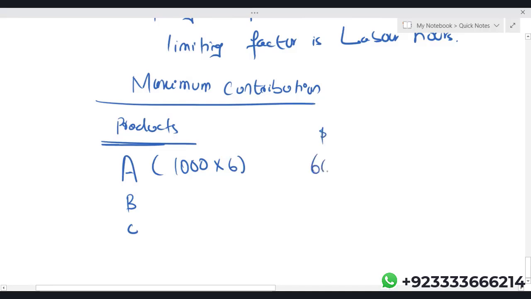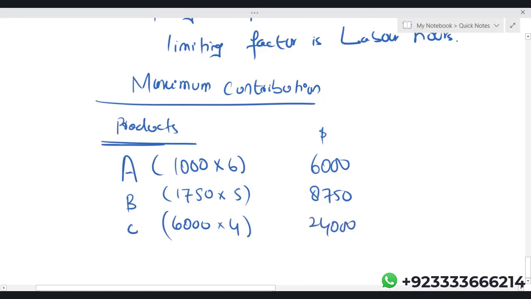Here comes $6,000. We'll be manufacturing 1,750 and contribution per unit for product B is 5. 1,750 into 5 we get 8,750. And we will be manufacturing entire 6,000 units for product C. Contribution per unit for C is $4. 6,000 multiplied by 4 is 24,000. So that is 38,750 is the maximum contribution.